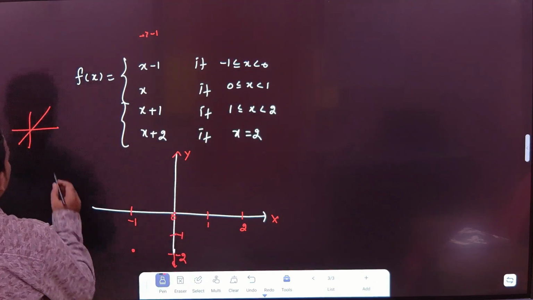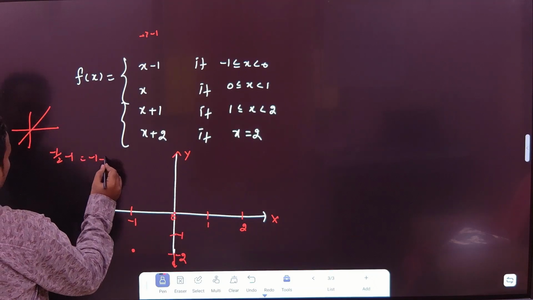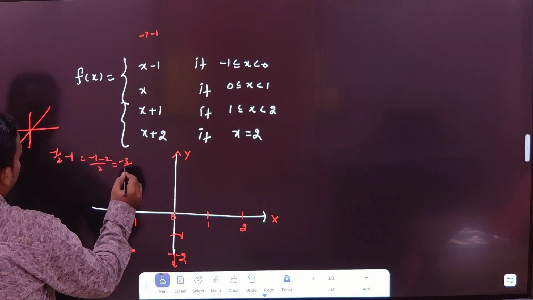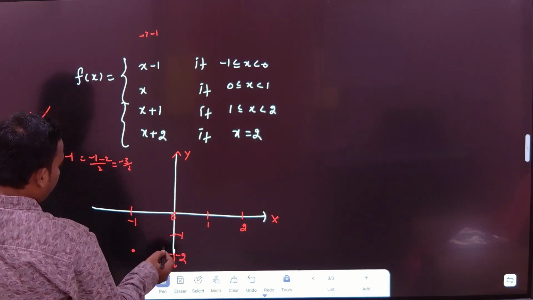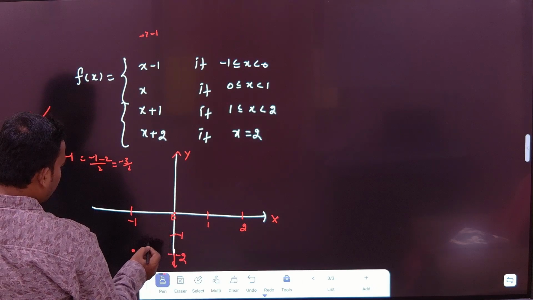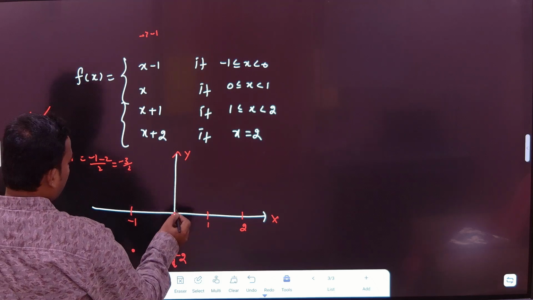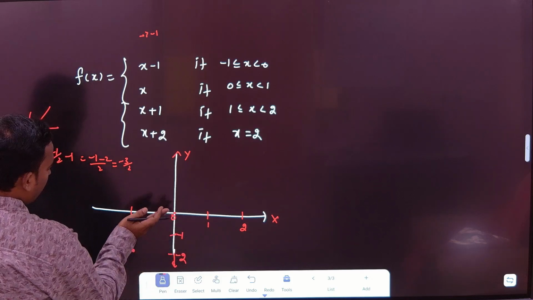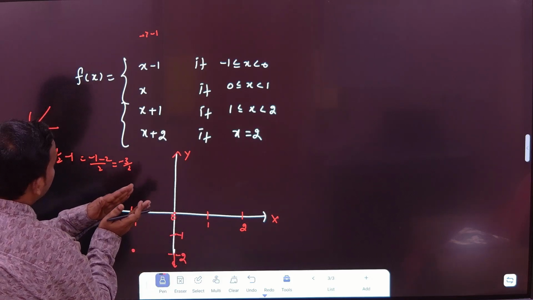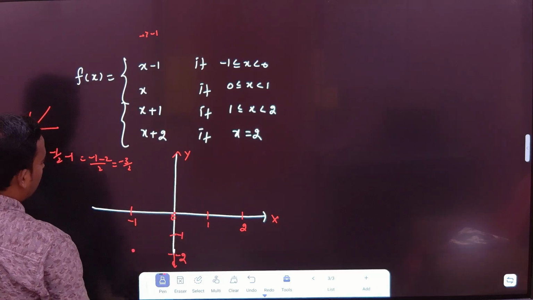Minus 1 by 2 minus 1 is minus 3 by 2, which is minus 1.5. The graph will be like this, right? Then 0 to 1 will be y equal to x. You just shift the y equals x graph, you just shift it 1 unit down, right?